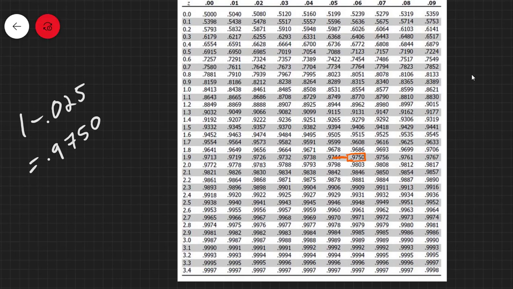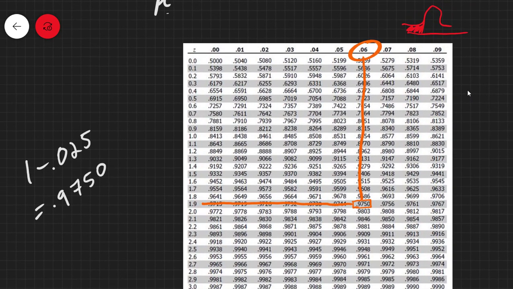Then we walk this out to 1.9, and we walk this up to 0.06. I combine these, and I get a z-stat, z sub 2 in this case, of 1.96.